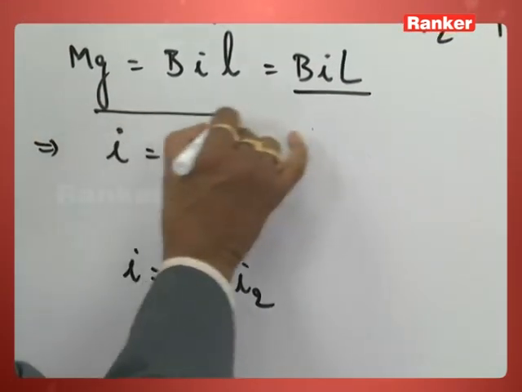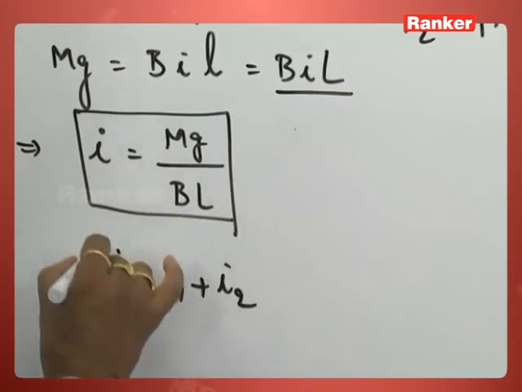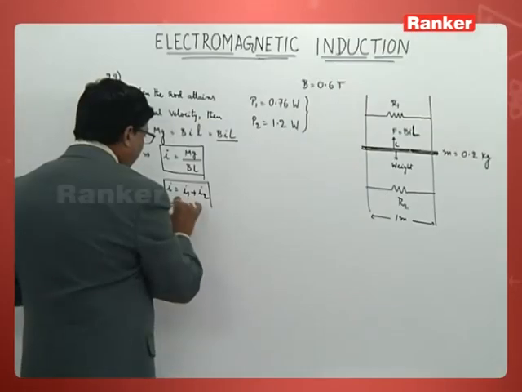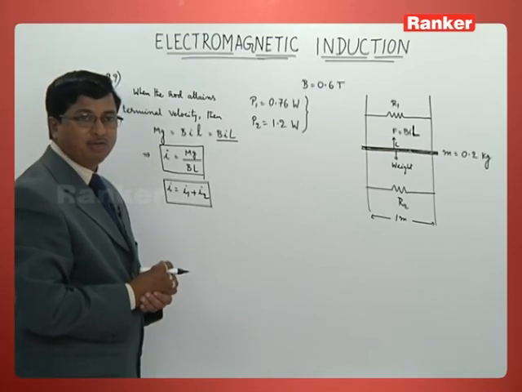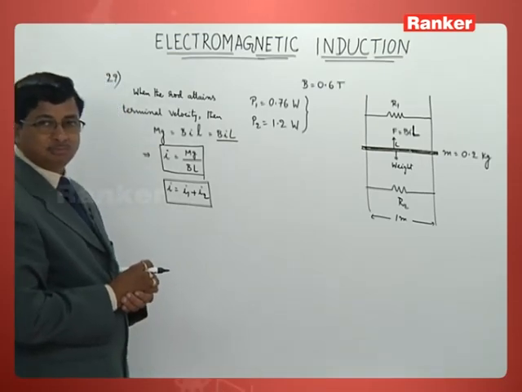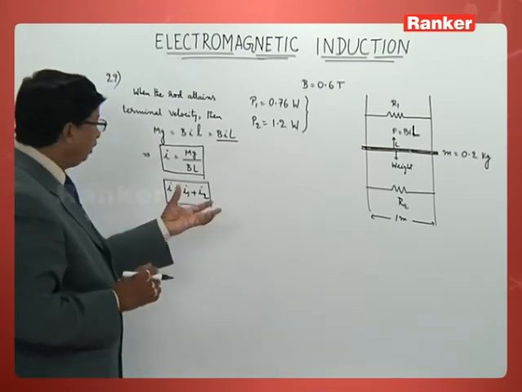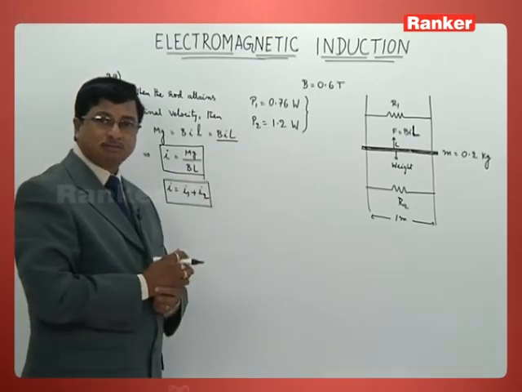So one point you have to remember is this. And second concept you people have to go for is I is equal to I1 plus I2. And what next he is talking about?